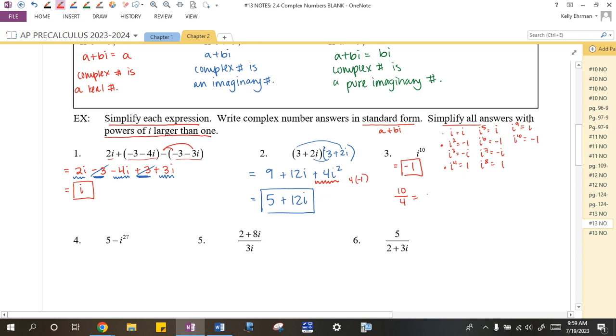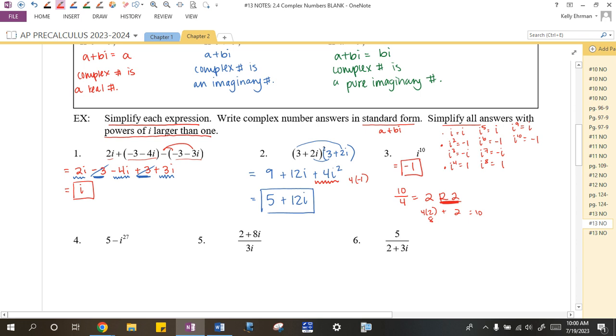So 4 goes into 10 twice, and we don't normally write this, right? But you'd have a remainder of 2, because 4 times 2 gets me to 8, and then I need an extra 2 to get to 10. What that means is i to the 10th falls into the second column of powers of i, and the remainder 2 tells you which line it falls on. It's the same as i squared.